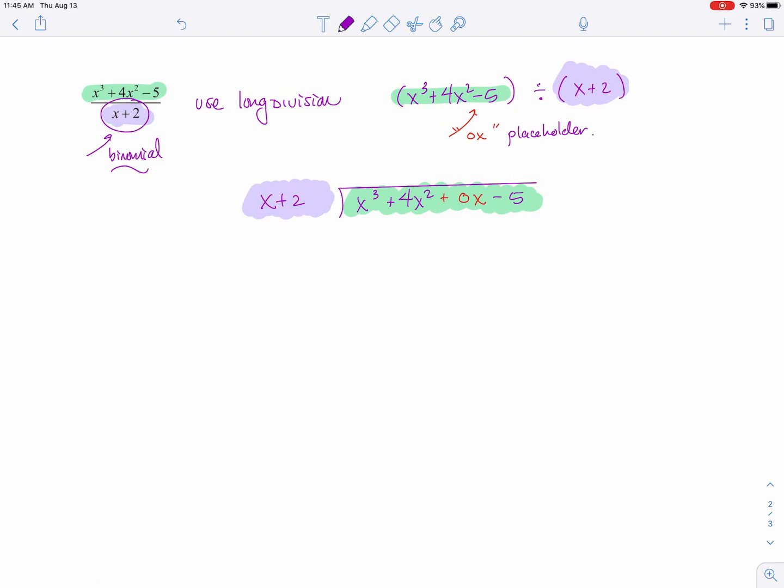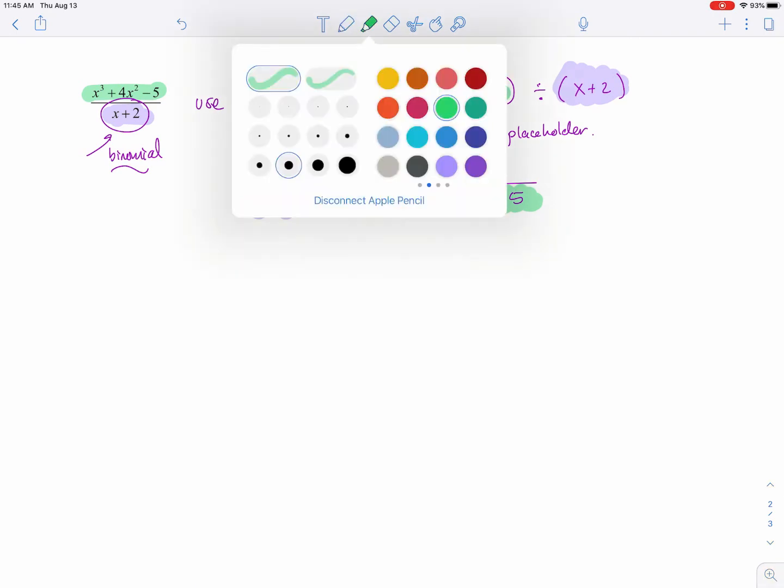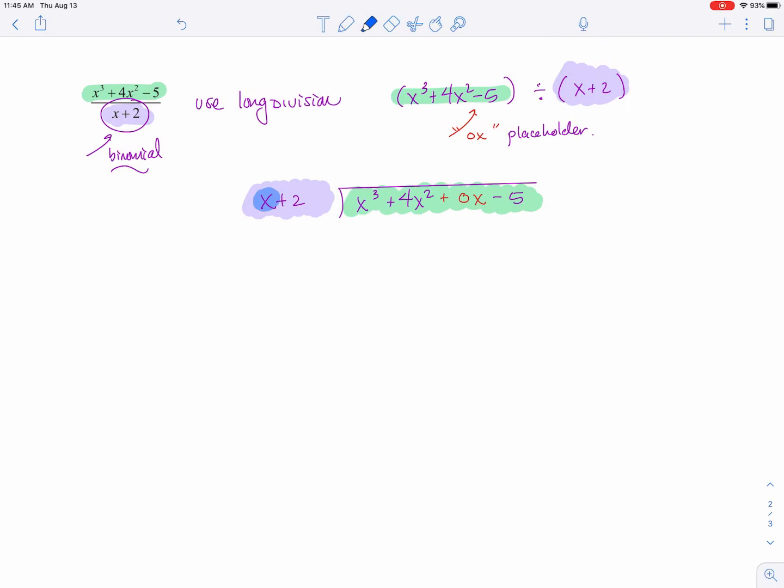What we need to do is first focus on these leading coefficients, leading terms. So the question is, what do I have to multiply x by to get x cubed?